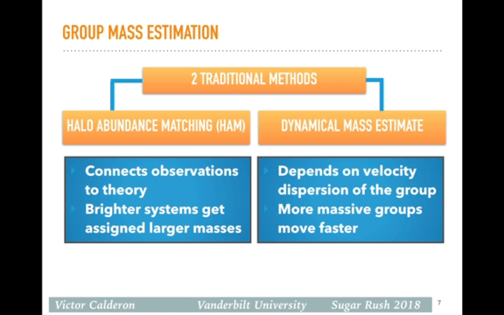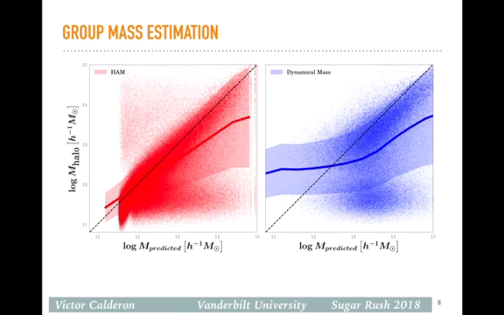In our case, we say that brighter systems get assigned larger masses. On the other hand, dynamical mass estimates, they use the velocity dispersion or the kinematics of galaxies within the group to assign a halo mass or a group mass. In this case, more massive groups tend to move faster.